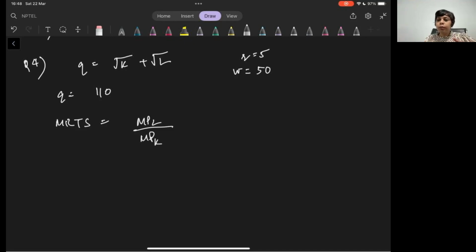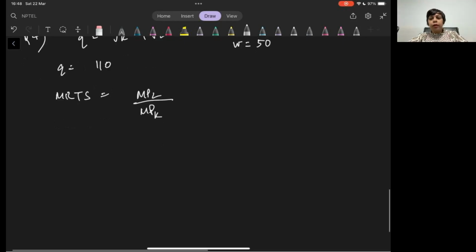Then instead of W by R, you will have to use R by W, which eventually comes to the same thing. We have just arbitrarily taken L as the x-axis and K as the y-axis. That's just conventionally how we do it, and there's no reason for confusion here. When we write MRTS as MPL by MPK, we're just following the normal convention in microeconomics.